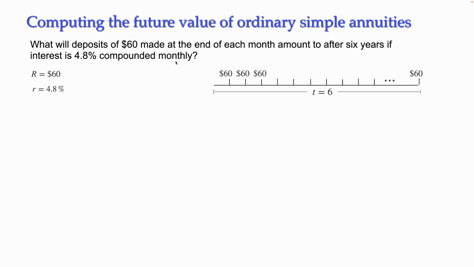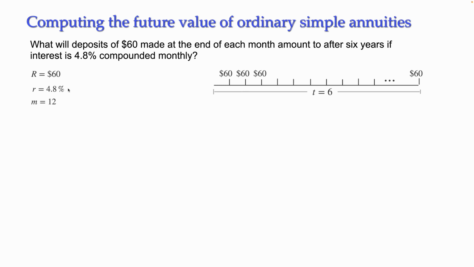Both are monthly. And I'm going to use the letter m to symbolize how many payments per year. Obviously, it's also how many conversion periods per year in this case, because both are the same.